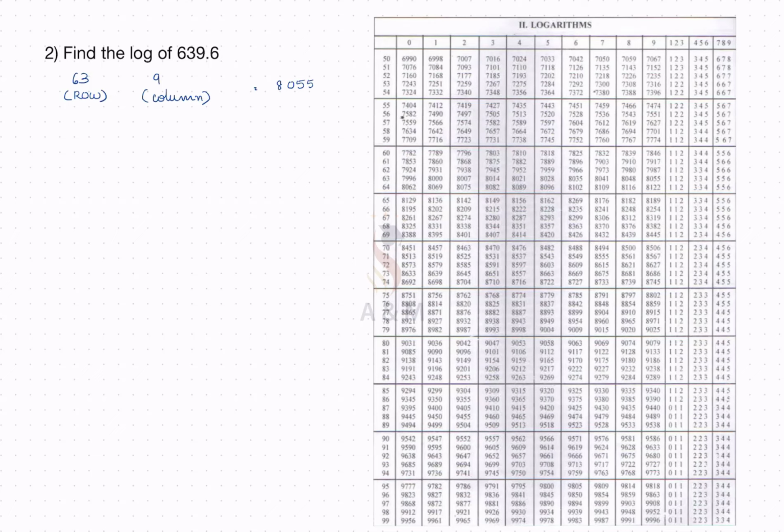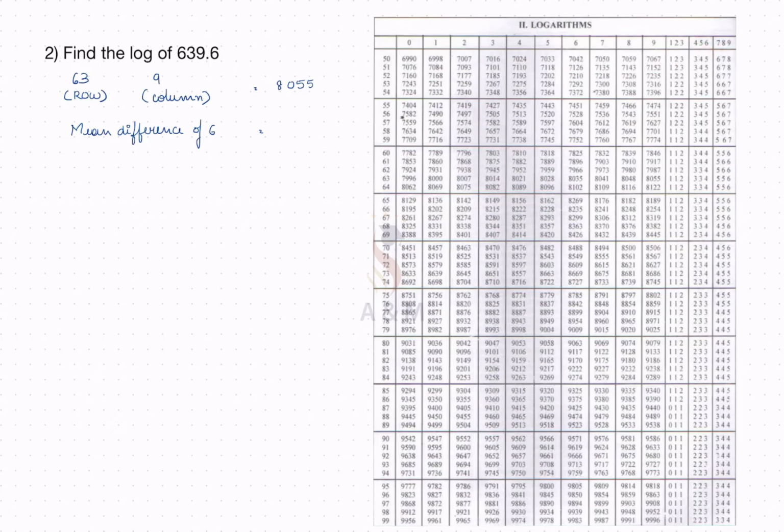Next digit is 6. That is nothing but the mean difference you have to find for this value. You know, mean difference is these numbers at the right hand corner. Now mean difference 6 is this column.